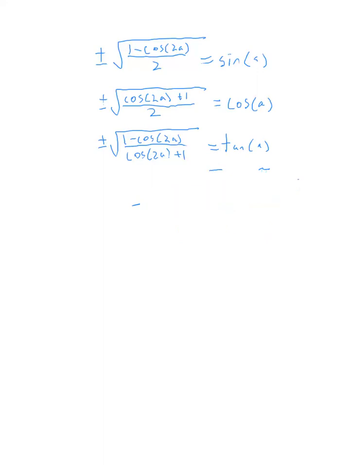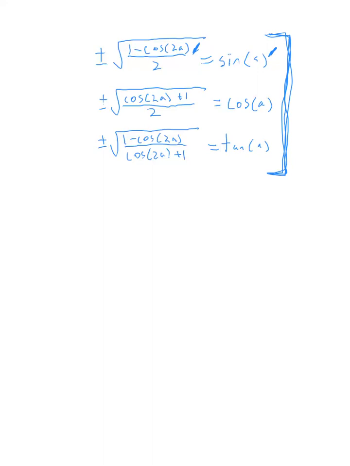Very good. But at the end of the day, we get these 3 formulas, which are very powerful. If I know what an angle is, if I know what 2A is, then I know what A is. Because I know what 45 degrees is, I know what half of 45 degrees is, and so on and so forth.